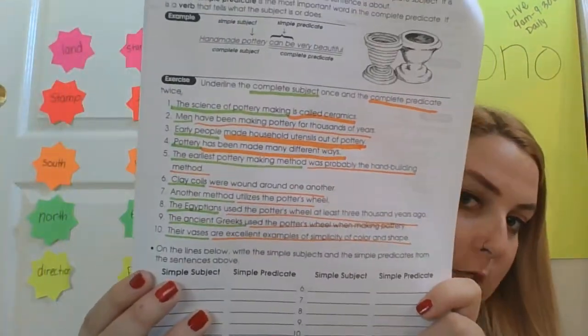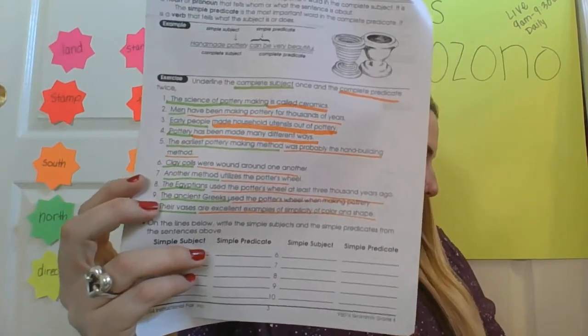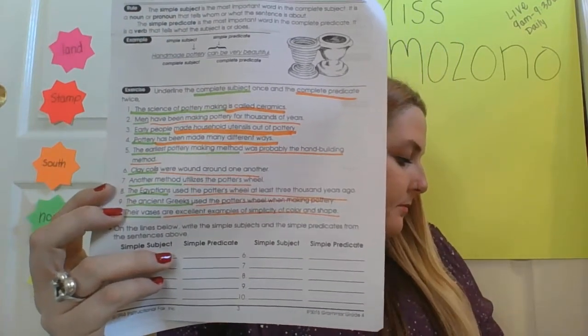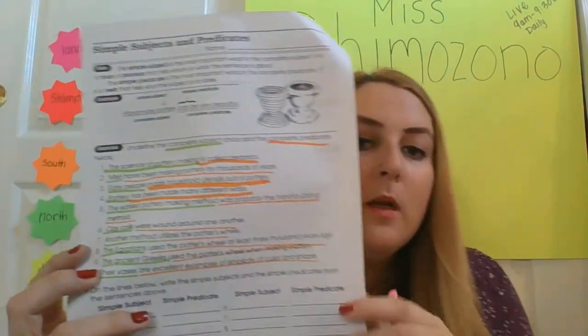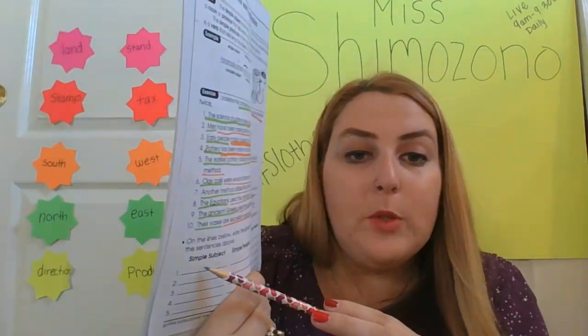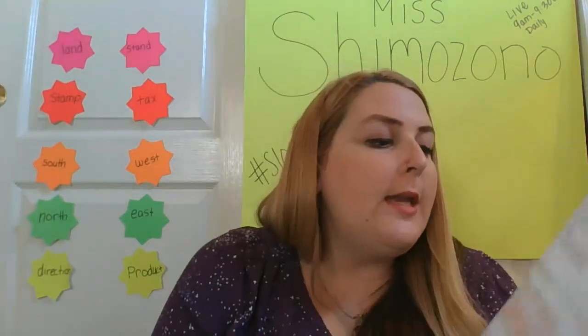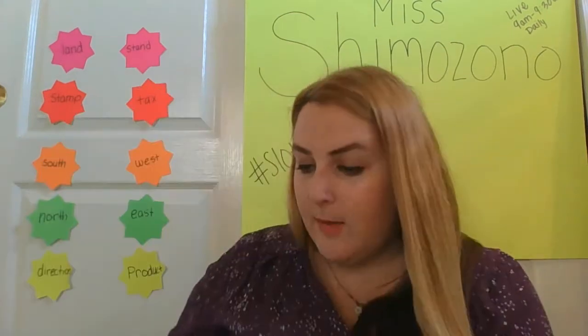All right, here are your answers. Go ahead and check them. All right, so we're going to write the simple subject and the simple predicate for each question. Number 1, the science of pottery making is called ceramics.